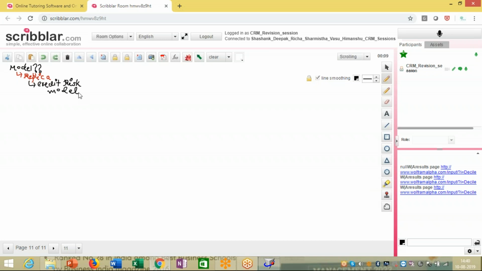So in a credit risk model, the question that comes out is, what is it that we are trying to model? What we are essentially trying to do is capture elements of the riskiness. We are trying to identify those factors which affect or impact the riskiness of a particular borrower, right?